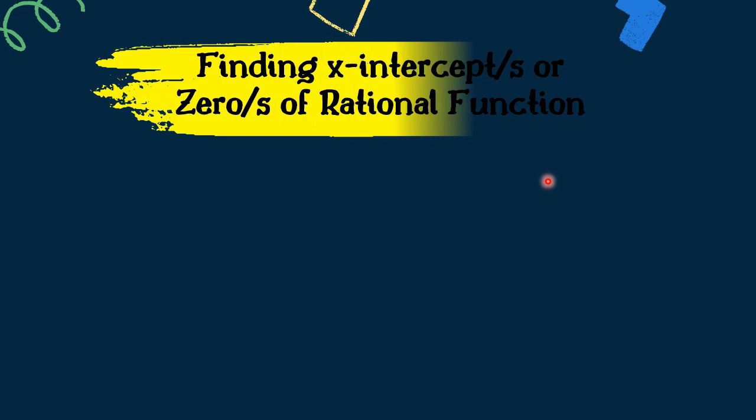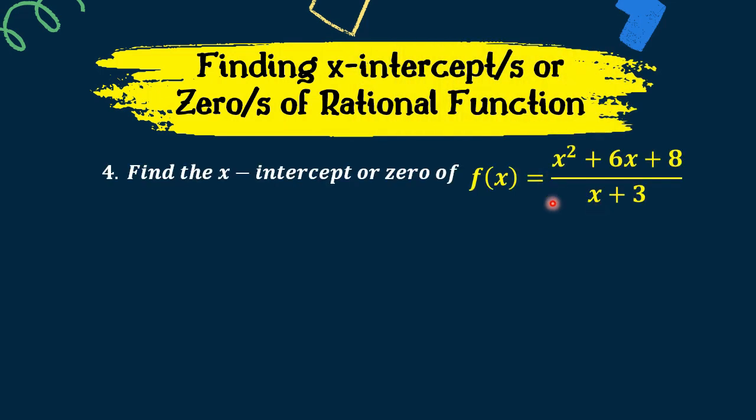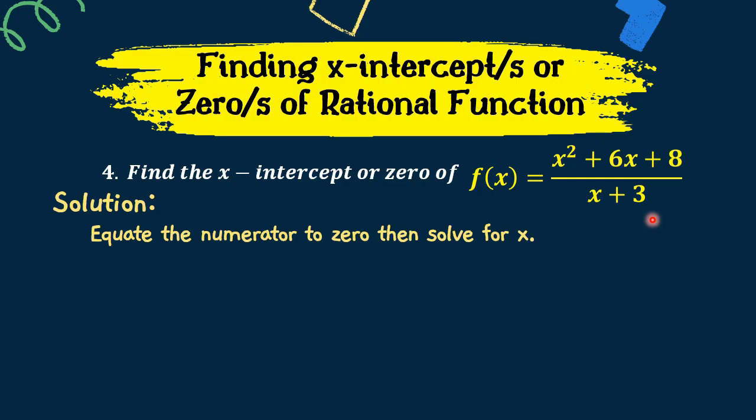Let's try another one. We have here another function, f(x) = (x² + 6x + 8)/(x + 3). So again, follow the steps. First, we have to equate the numerator to 0. Since this is our numerator, we have to equate that to 0. Take note that the numerator is an example of a quadratic polynomial.